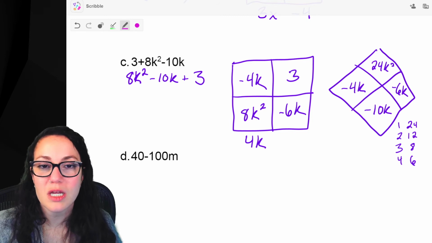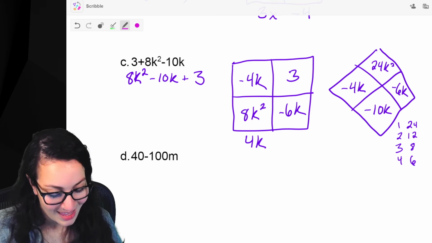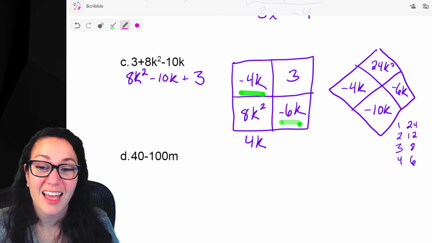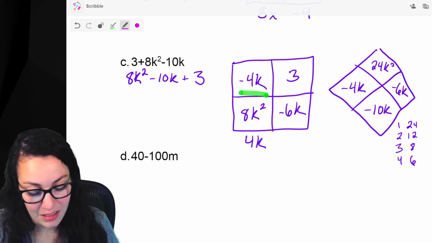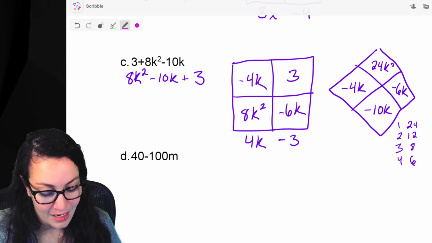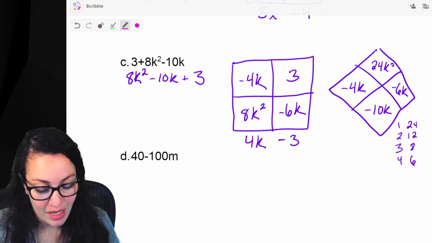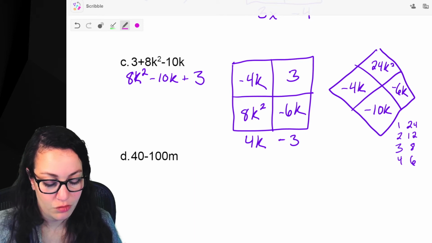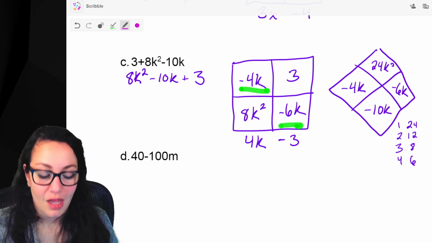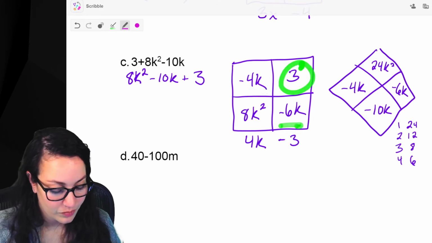We could say 3 or negative 3. But since this is negative and this is also negative, I'm going to take out a negative 3, because I need to make sure that these can both be negative and this ends up positive.